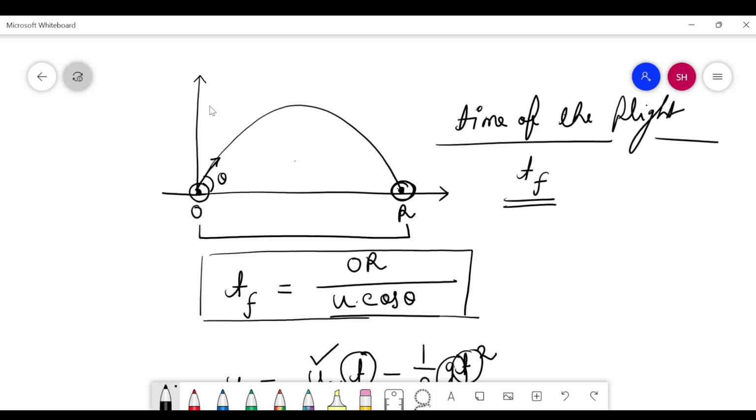It was starting at the ground and it is again coming back to the ground. Hence, the displacement on y will be equal to 0, or the coordinate of y is equal to 0 here. Here the coordinate was 0, 0. Here the coordinate is R, 0. That means the movement in the y direction is coming back to 0 because it came back to the ground.